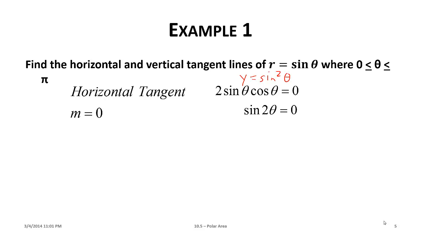From there, go ahead and make it equal to 0 and find out where it belongs. As we figure this out, 2 theta equals 0 and 2 theta equals pi.